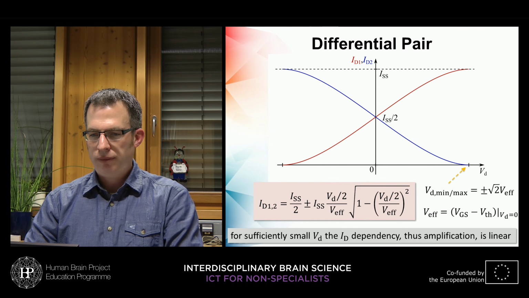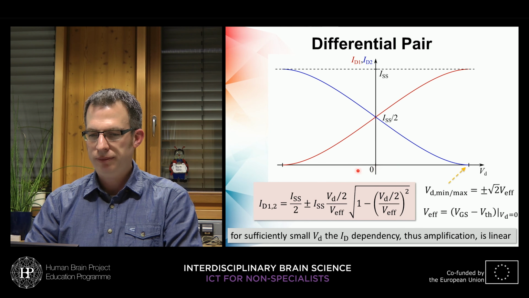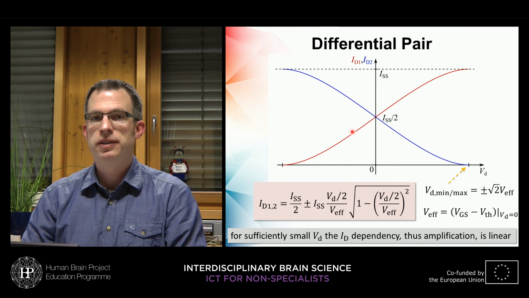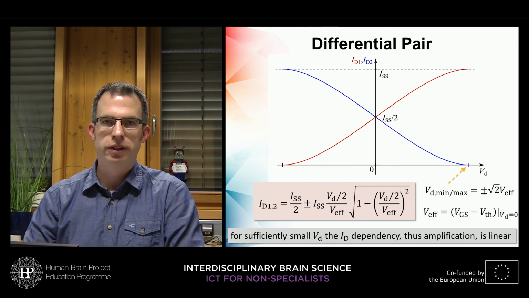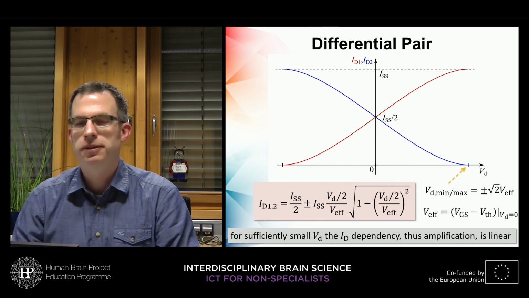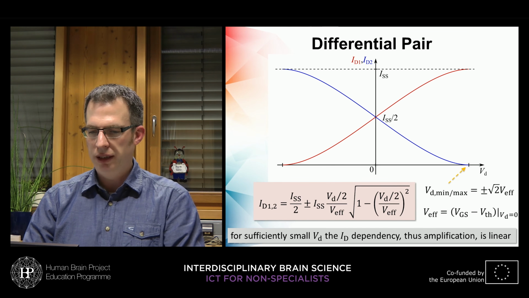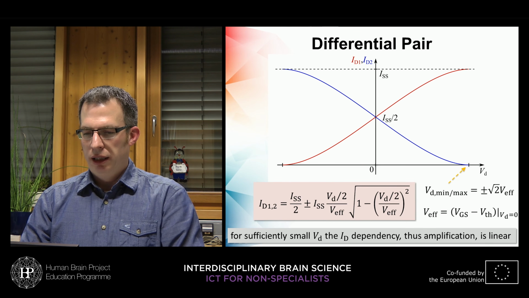So, what you can see here is that for sufficiently small differential input voltages, the ID dependence, and thus in the end the amplification, because this drain current is transformed to a voltage by the drain resistances, is linear.